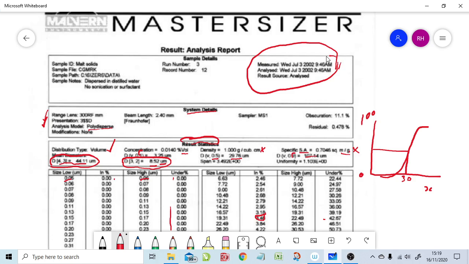Then the mean value by mass or by volume was 44.1. Okay, so here is our mean value by mass down here at 44 microns. As I said, weighted towards the bigger particles, because big particles have more mass in them than small particles.